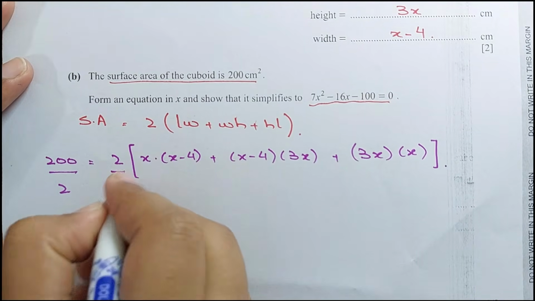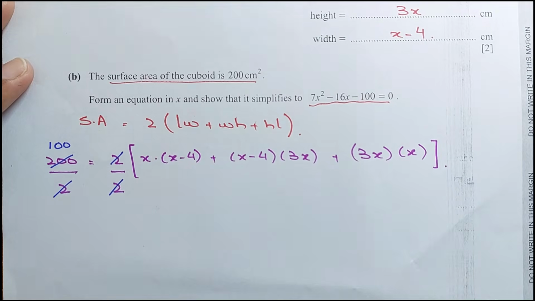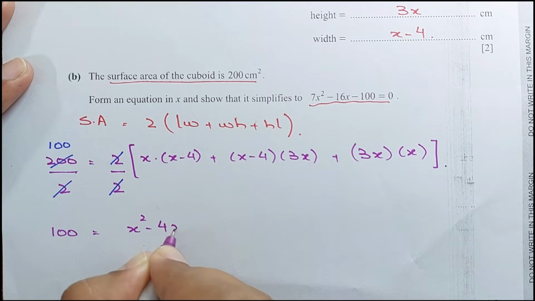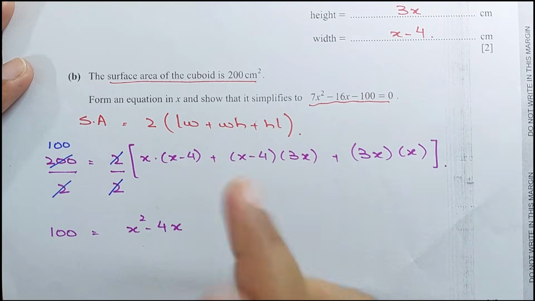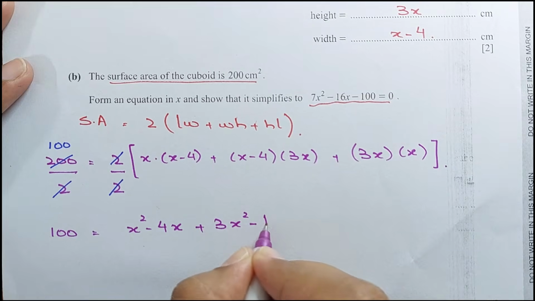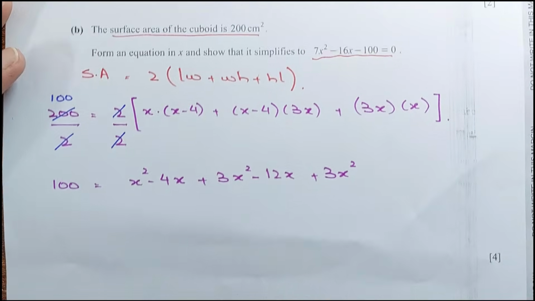Right. So this becomes 1, and 2 times 1 is 2 and 0, so it is 100. And here we have x with x is x squared minus 4x. And 3x with x is 3x squared, minus 3 times 4 is 12x, plus 3x squared.